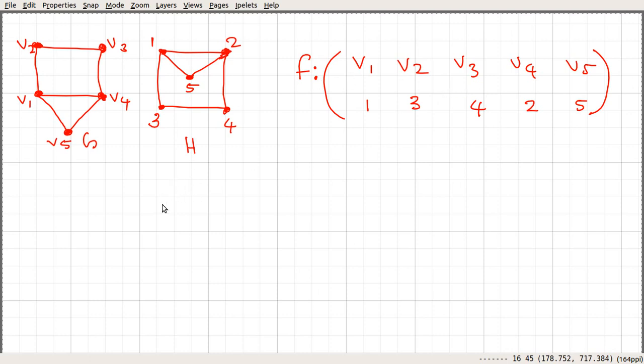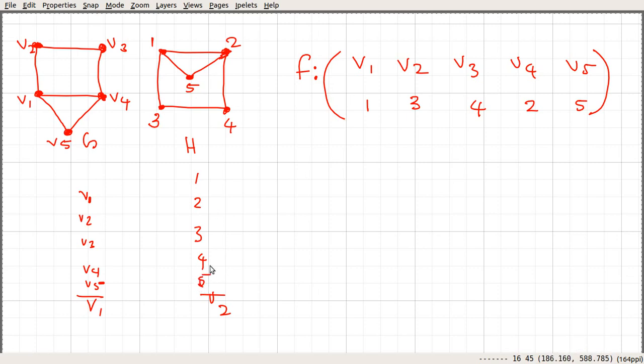Here we have our vertex b1 and here we have our vertex b2, and suppose the vertices are b1, b2, b3, b4 and b5, and here the vertex set contains 1, 2, 3, 4, 5.